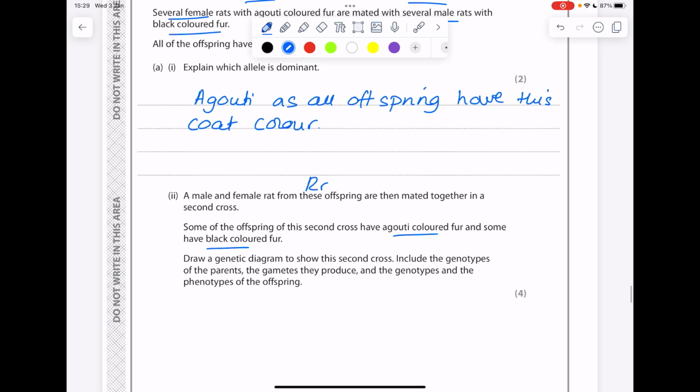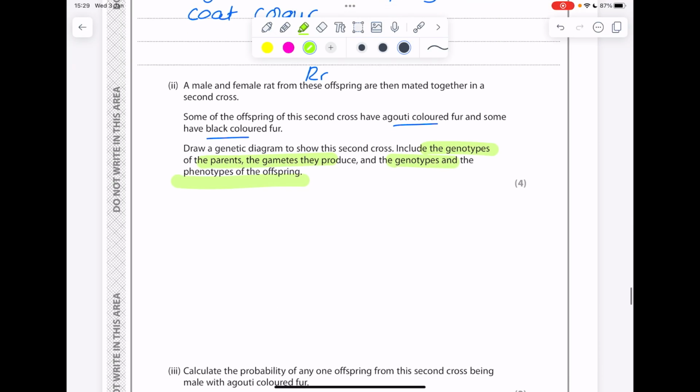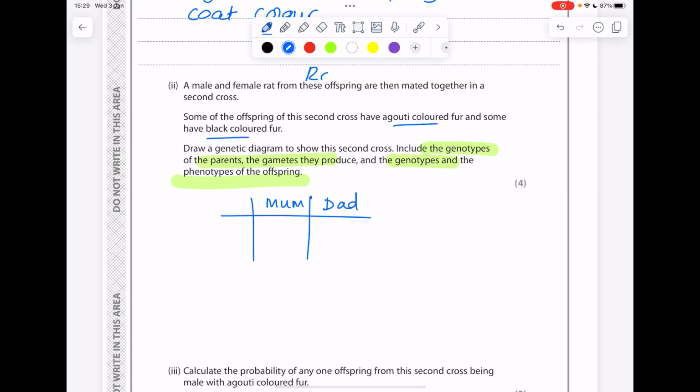Draw a genetic diagram to show this second cross. Include the genotypes, gametes, and phenotypes. Right, do set out your answer like this, because then you're going to be guaranteed that it's correct. So we're going to make a small table here, which is the phenotype, genotype, gametes.